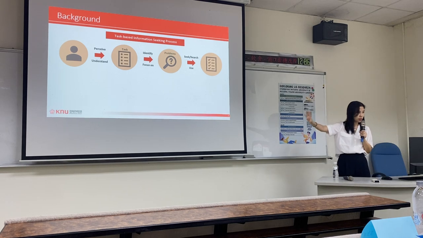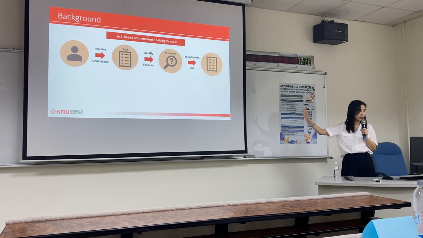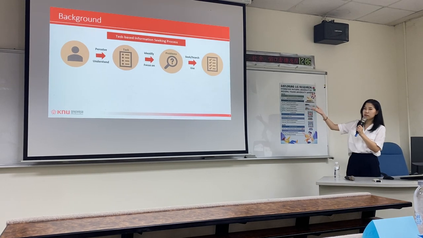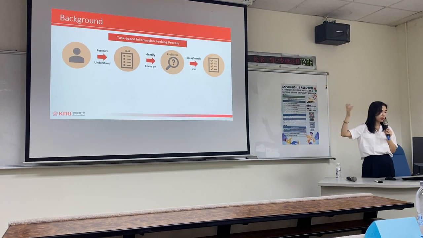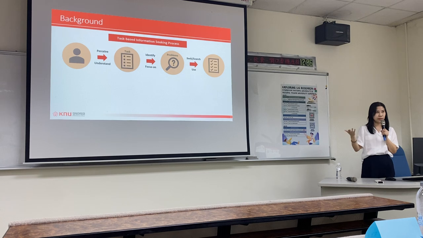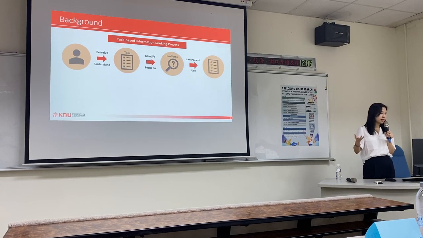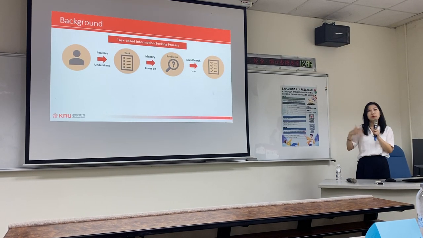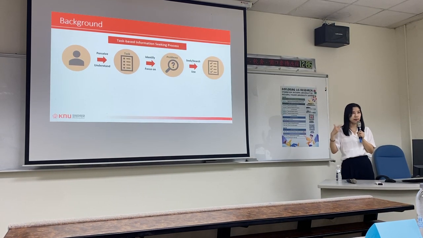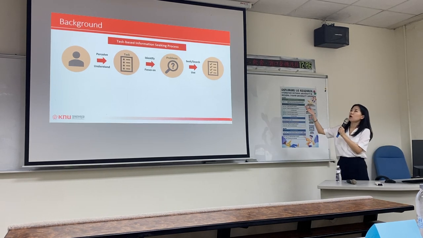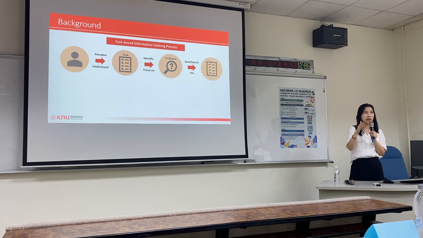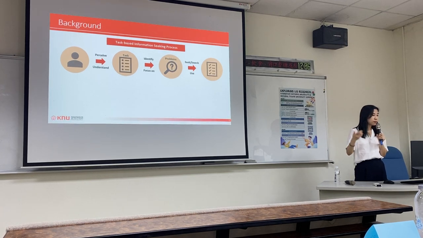This is the general process of task-based information seeking. We can start from the beginning. The person starts perceiving or understanding a given task. To perform the task, we identify specific information problems from the task, and then we focus on certain problems identified from the task.